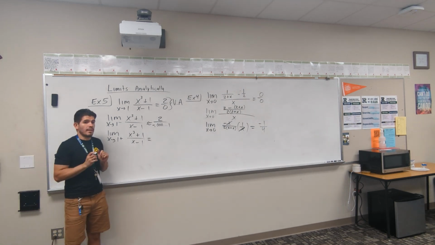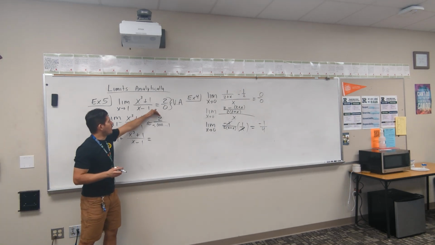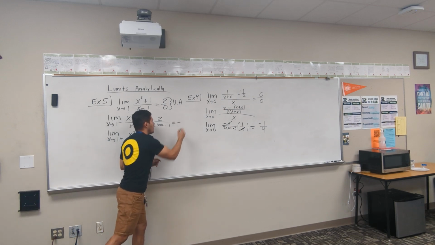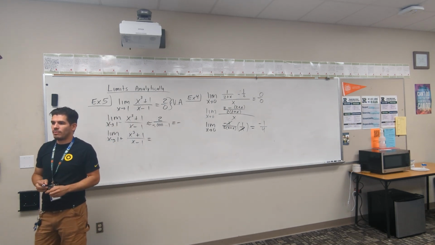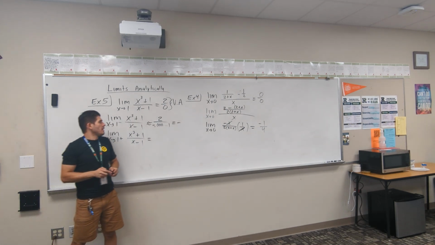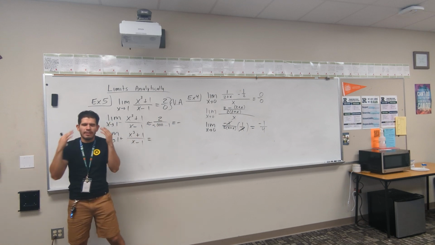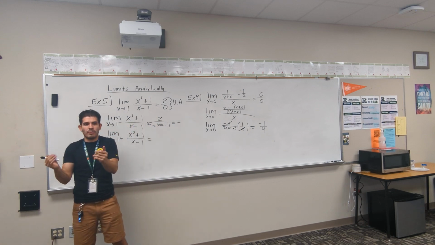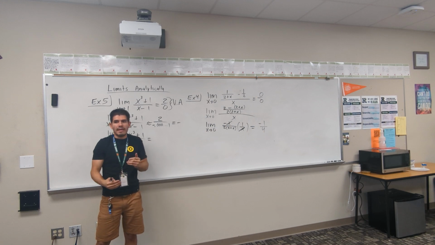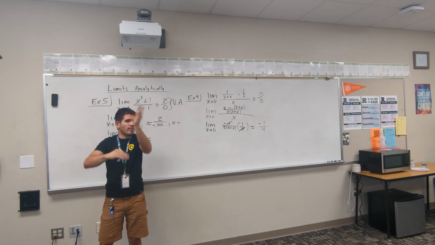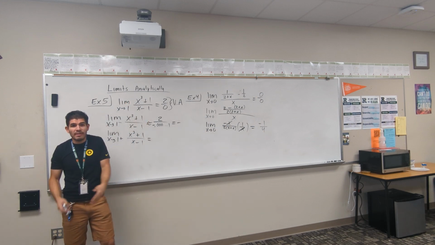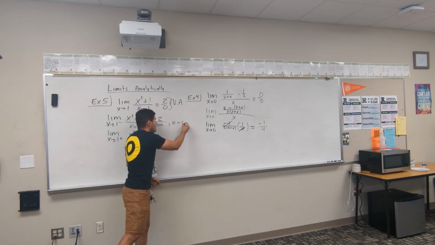Cool? So first thing I'm going to analyze is the fact that I have a positive divided by a negative, which will allow me to know that this is negative something. Now, even without me doing the operation, I already know because I've graphed enough, and hopefully so have you, that I was looking for an infinity or a negative infinity. So even if I didn't really know how to do this, I'd say, okay, I'm going to guess that this is negative infinity.